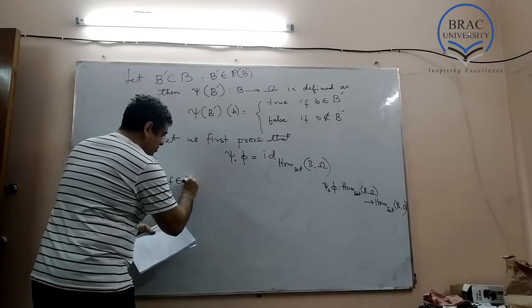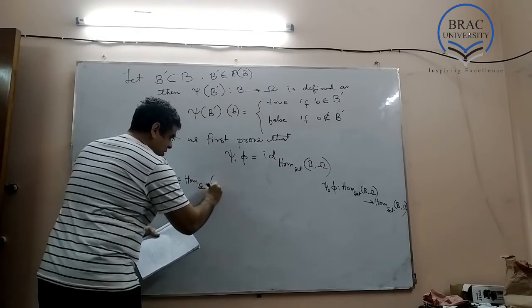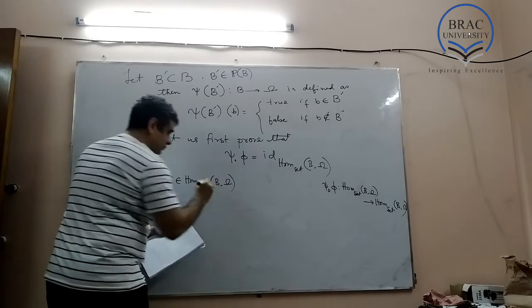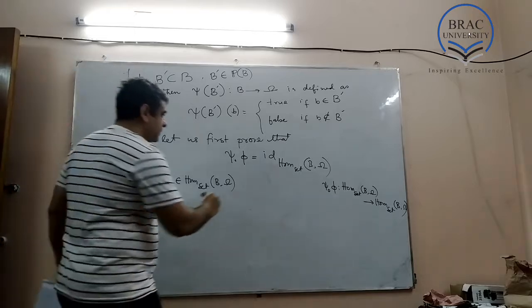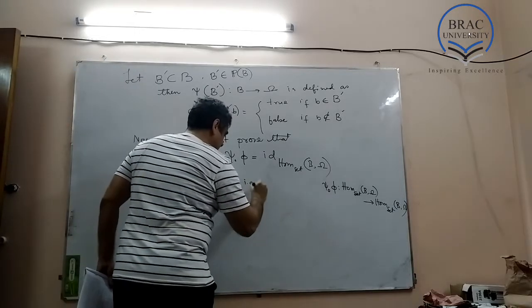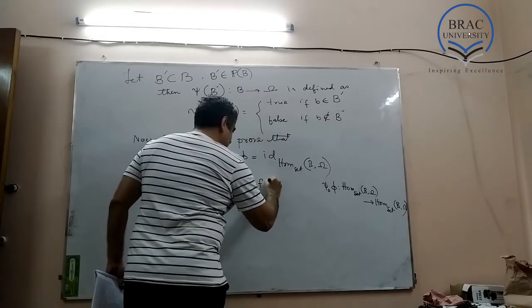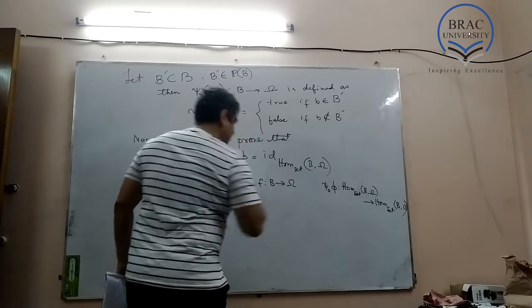in the Hom set from B to omega, that is, f is a map from B to omega.